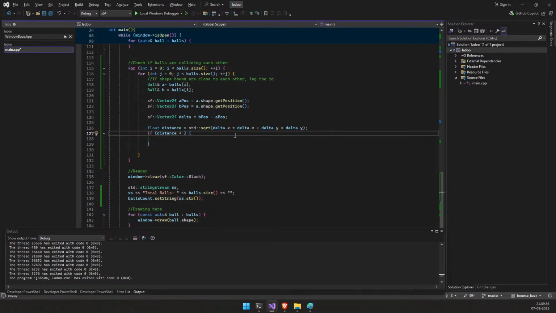Distance is less than the radius, into diameter, and distance is greater than gap. Here means these two guys are colliding with each other. Okay, so for now, let's just draw which balls are colliding.